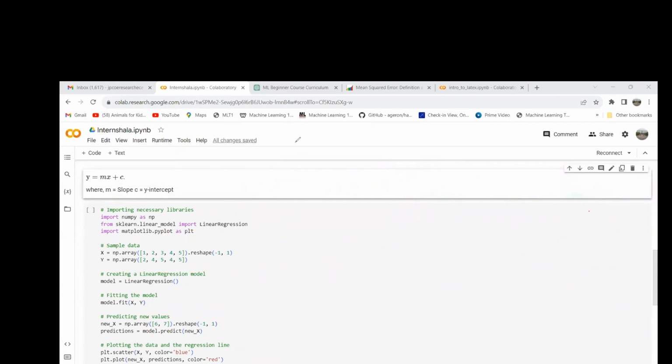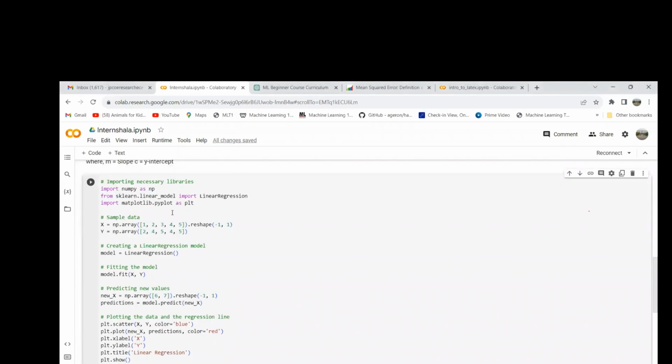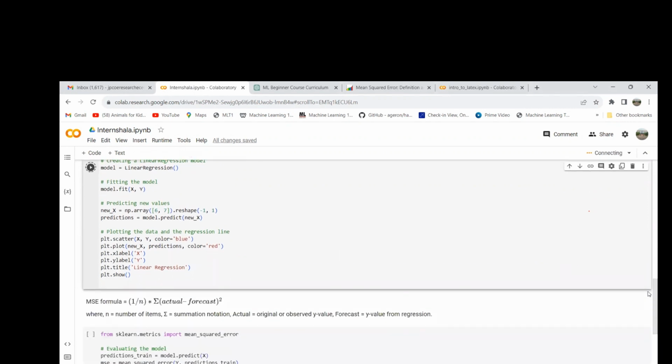So when we run this program, we'll get a graph as shown below. So this graph will give you the plot scatter in blue, which are the coordinates of different days and demand.